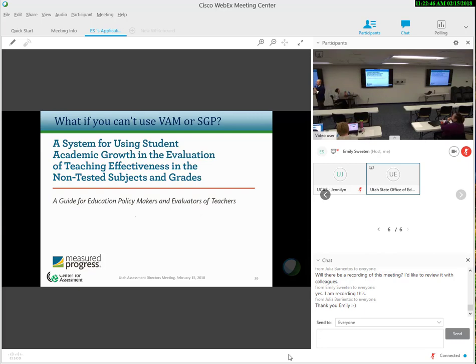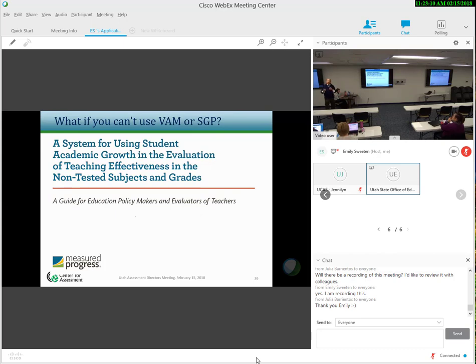So what about those of us who can't use value-added or student growth percentiles, and we really just have these two scores? What should we do? So I was an advisor to this project several years ago. Measure Progress was the lead organization on this. And it was in this notion of non-tested subjects and grades. This is a nice little document. I think we sent this out a while back.